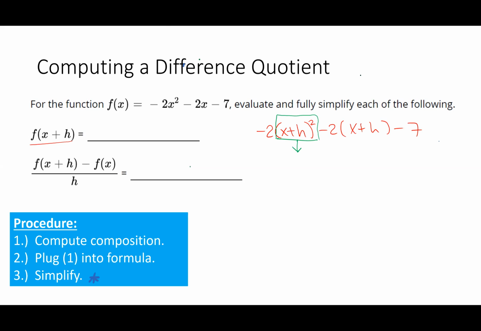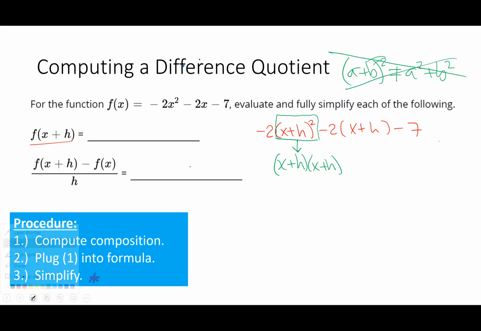Something you need to remember. A plus b squared is absolutely not just a squared plus b squared. You don't just distribute the square. That is not true. Okay? That's absolutely not true. What you're going to need to do here is actually use FOIL. Okay? And then don't forget your -2. We'll just go ahead and put that out there.